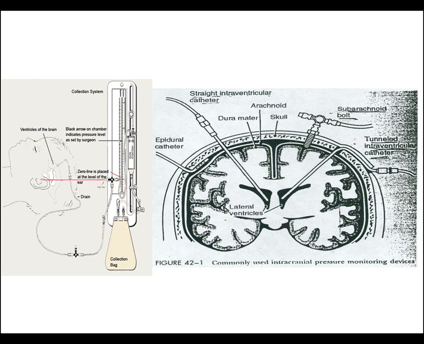And then your figure to the right, figure 42-1, just shows you where some of these devices lie in the brain, whether it's the epidural catheter or the subarachnoid bolt. It shows you where the dura and the arachnoid spaces are and the relationship of the device to that space.